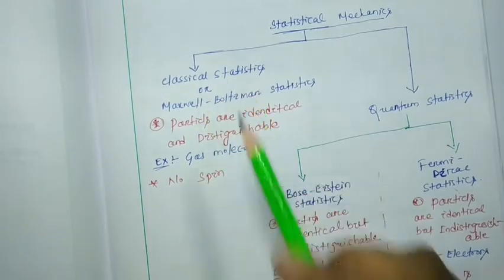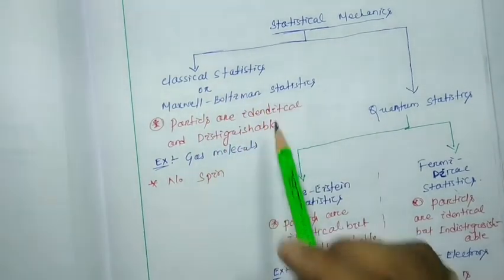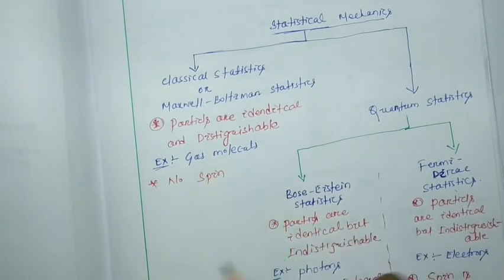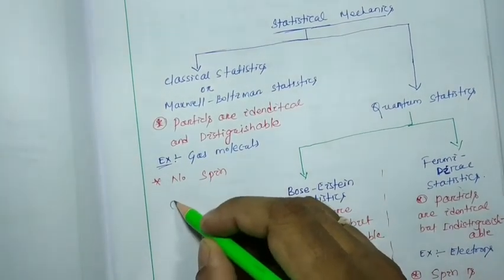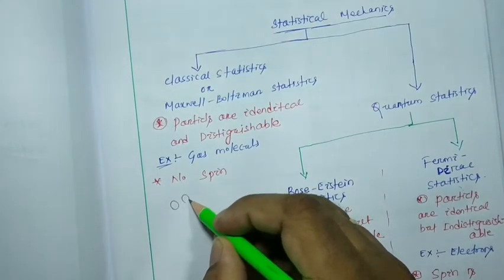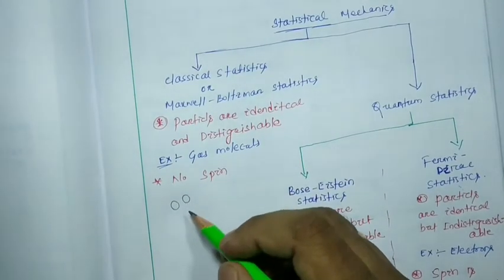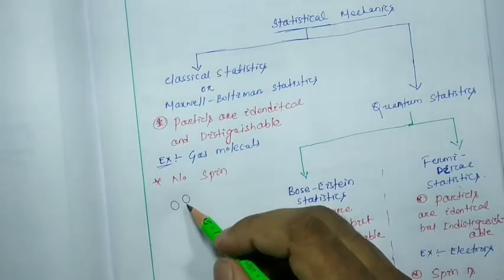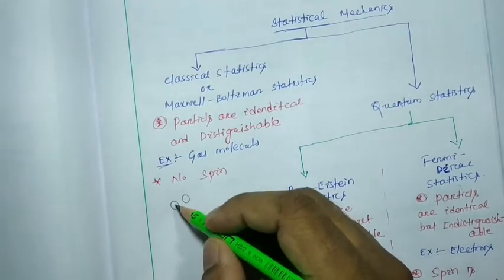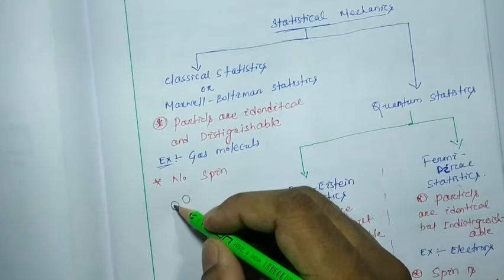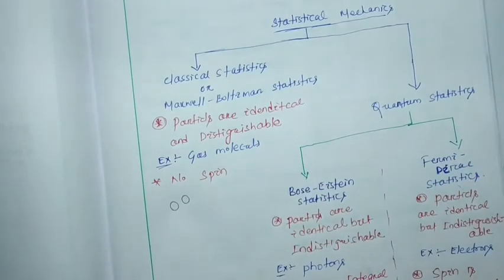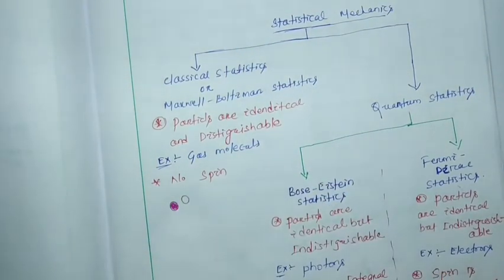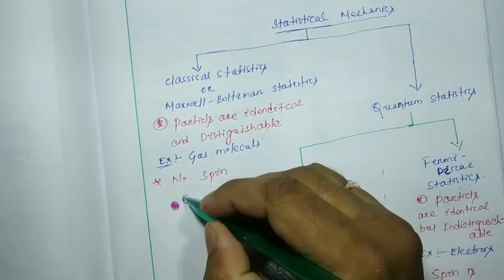For classical statistics, particles are identical and distinguishable, that means gas molecules. Suppose two balls are identical, with the same shape and size, but distinguishable. That means one will be red and the other green, like that.